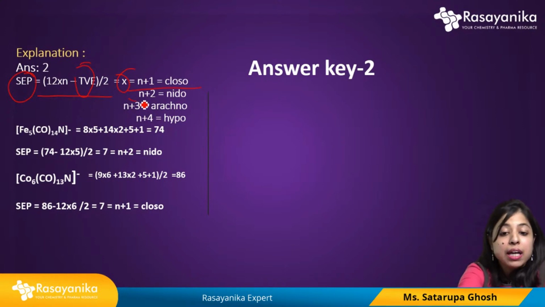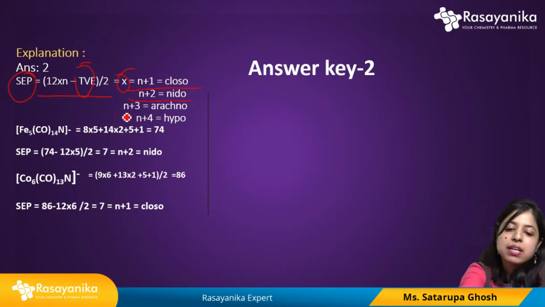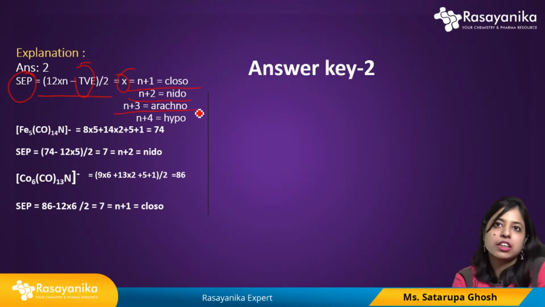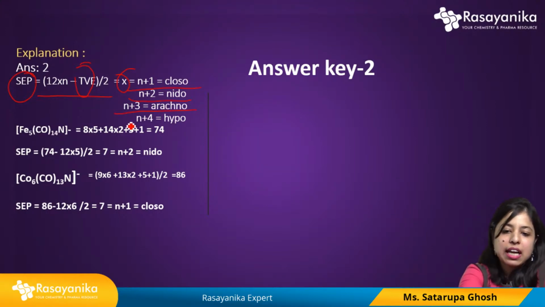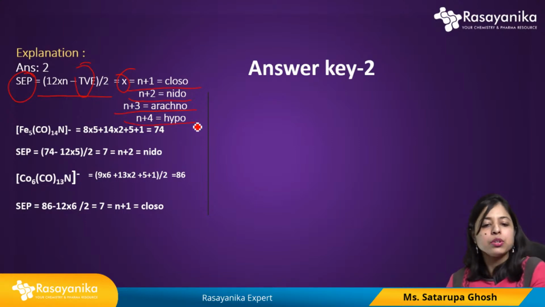If it is N plus 2, it is nido. If it is N plus 3, the structure is arachno, and if it is N plus 4, we call this hypho. Okay, so let's find the number of electrons, SEP, for these complexes.